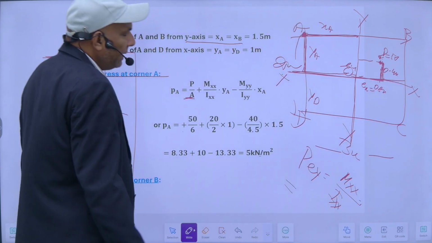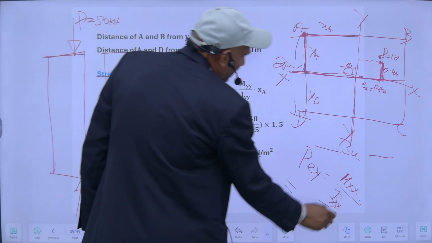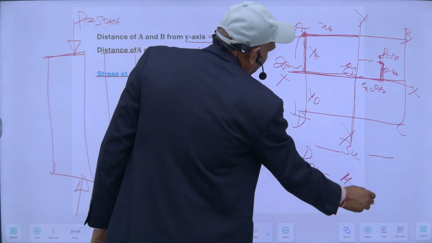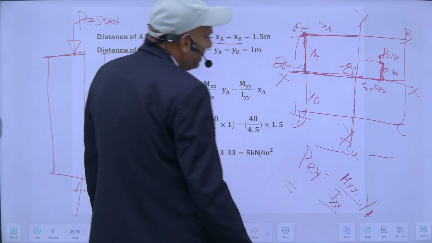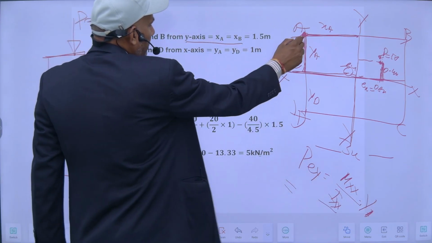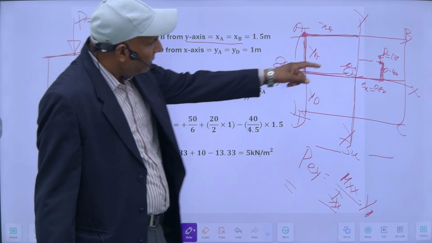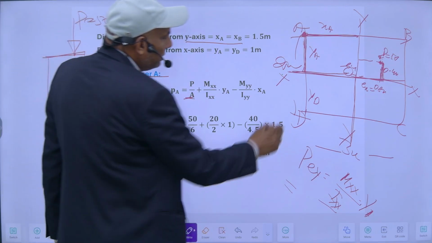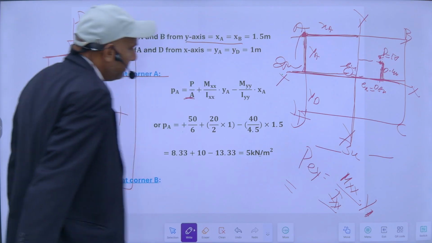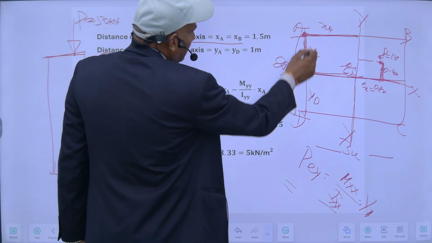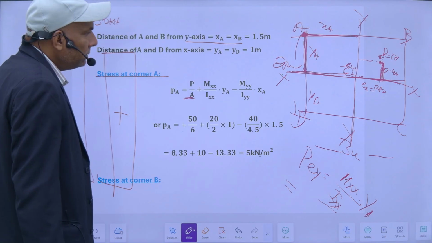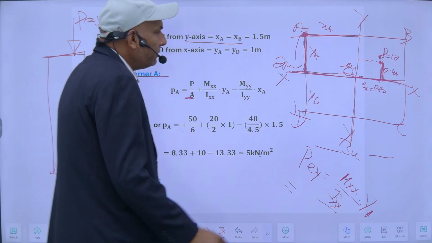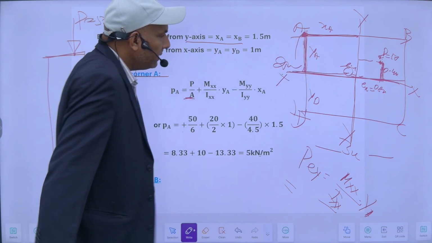So Mx divided by Ix into this distance YA, that will give the stress here. This is the distance from the neutral axis, and it will give stress here because of this.